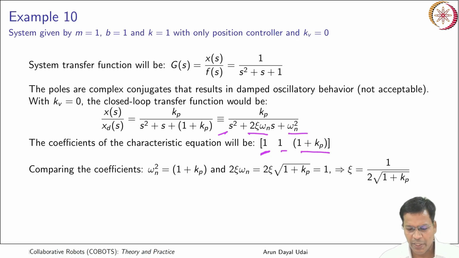So omega n square is equal to 1 plus kp, and the second term, 2 xi omega n, is equal to 2 xi root over 1 plus kp. In our case this is equal to 1, so xi becomes equal to 1 by 2 root over 1 plus kp.